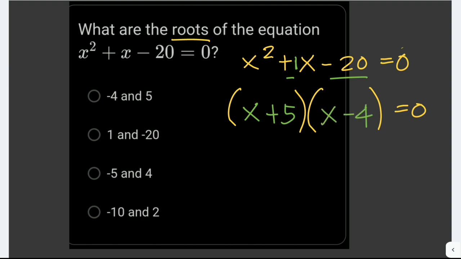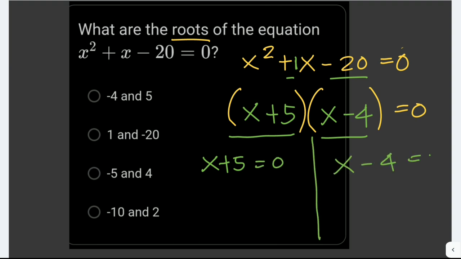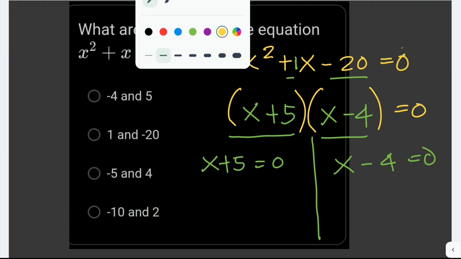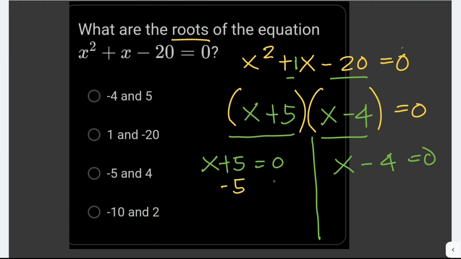Now, to find the roots of this equation, we need to equate each of the factors to 0. So this would be x plus 5 equals 0, and the other one would be x minus 4 equals 0. And then we solve for x. So subtract 5 from both sides.